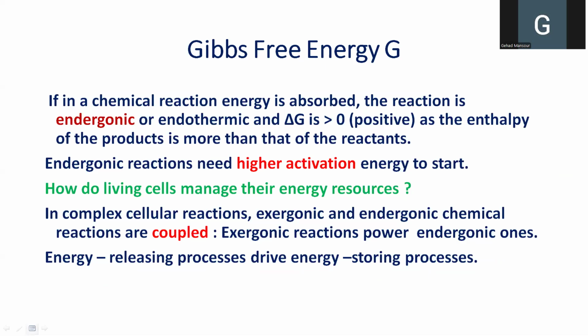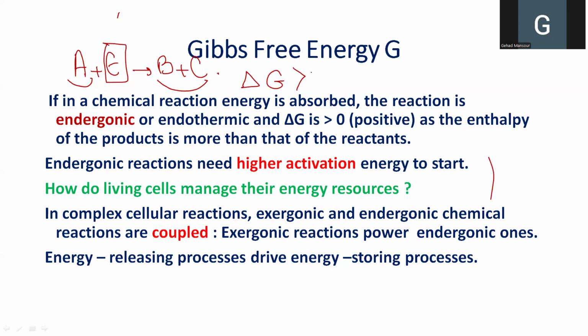If the product energy is more than the reactant energy, which is the case in endothermic reactions, because you will have the reactant A plus energy giving you the products B plus C, then definitely the total energy of B plus C is higher than that of A, and this is an endothermic reaction. And because the side of the products is higher, we consider delta G, or Gibbs free energy, to be positive.